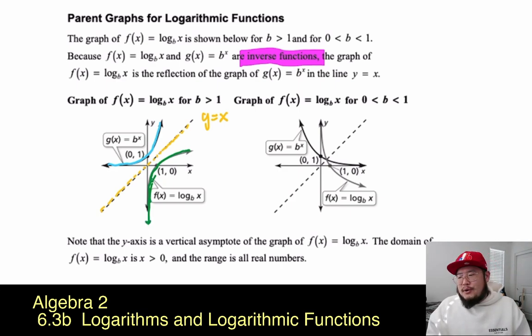So the vertical asymptote right there is x is equal to 0. All right, so there is your vertical asymptote, the y-axis. So therefore, the domain for this is x greater than 0.